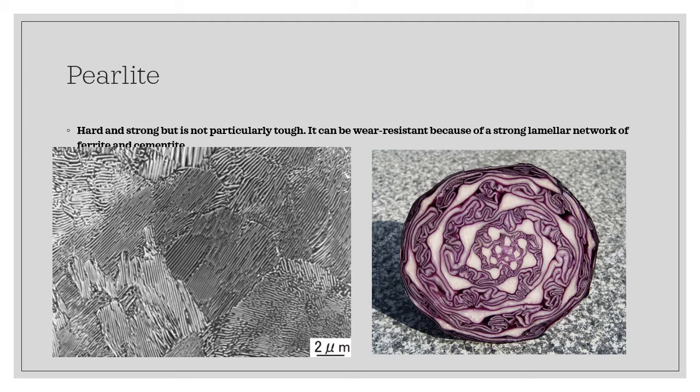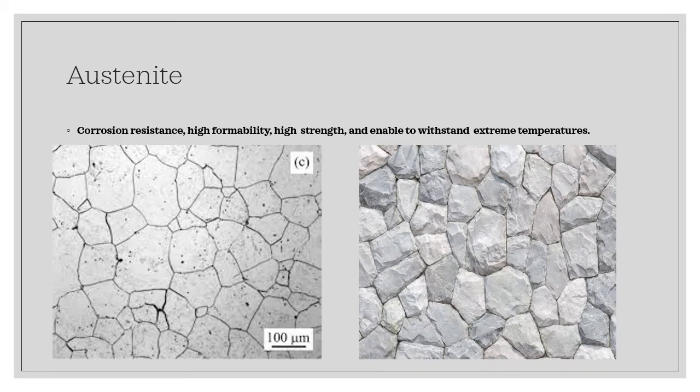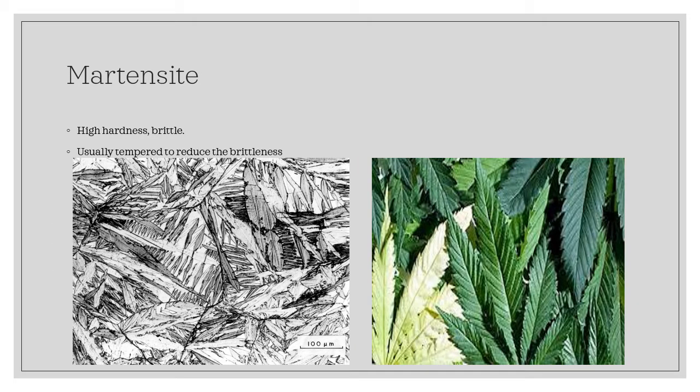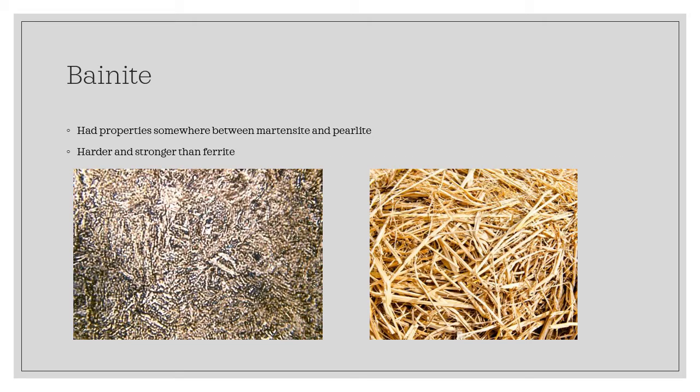As you can see, the pearlite resembles a cabbage cross-section. And here is the structure of austenite. And here is the structure of martensite. And lastly, bainite. I hope you can get some idea of what the microstructures of the metal are going to look like.